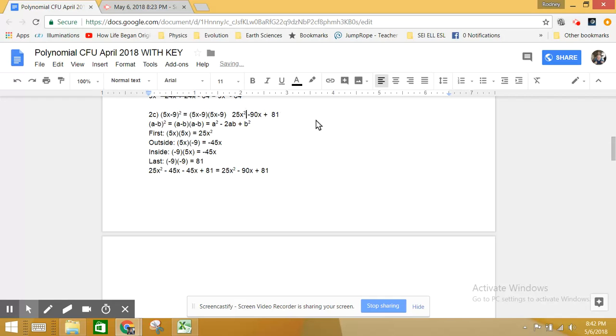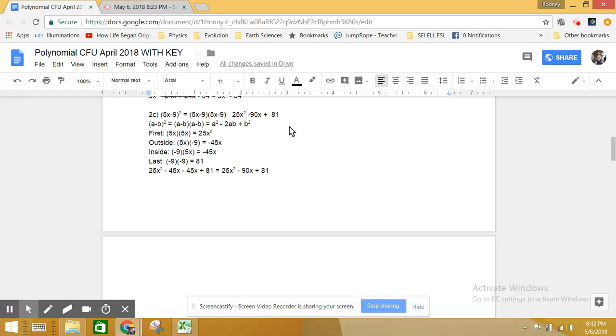So this is my a squared, 25x squared, since my a is 5x. My b squared at the end is negative 9 squared, which becomes 81. And my middle term is 2ab. So it's 2 times 5x times negative 9. 2 times 5x is 10x, times negative 9 makes 90x. And so if you can remember that structure, your life will be a lot easier with these sorts of problems. Our answer is 25x squared minus 90x plus 81.